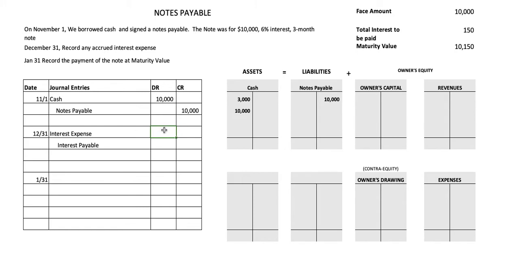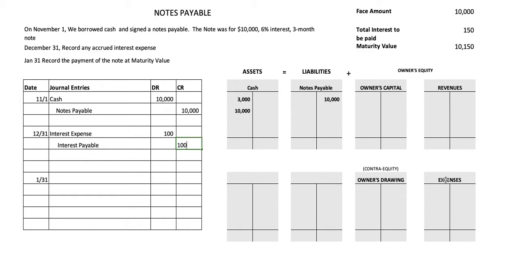Now, the way we're going to calculate this number is we can say 10,000 times 6% times 2 over 12, or since I've already calculated the full amount of interest is $150, I'm just going to take 2/3 of that, which will be $100, which is called accrued interest.